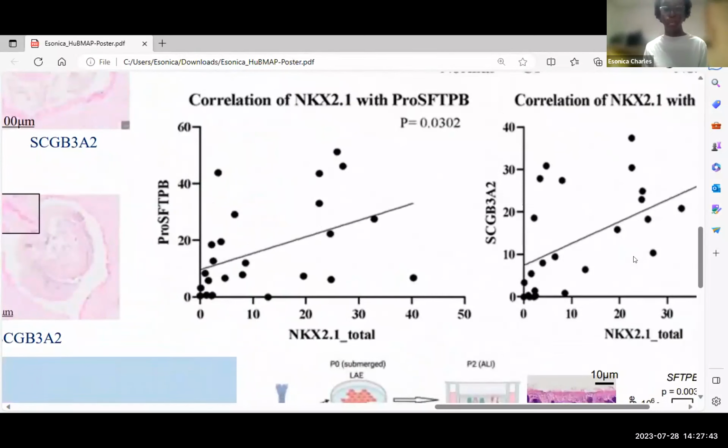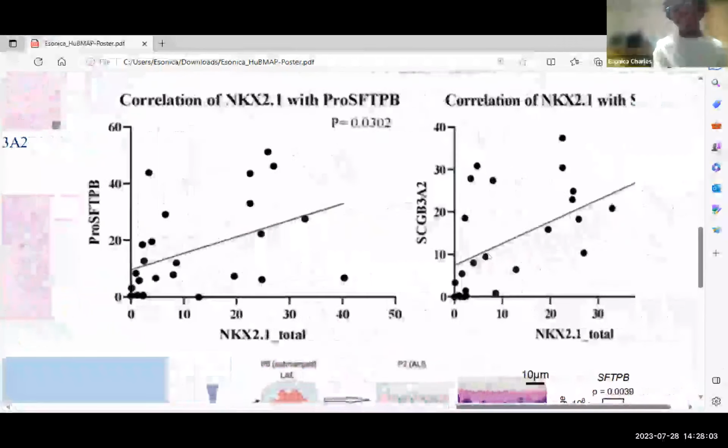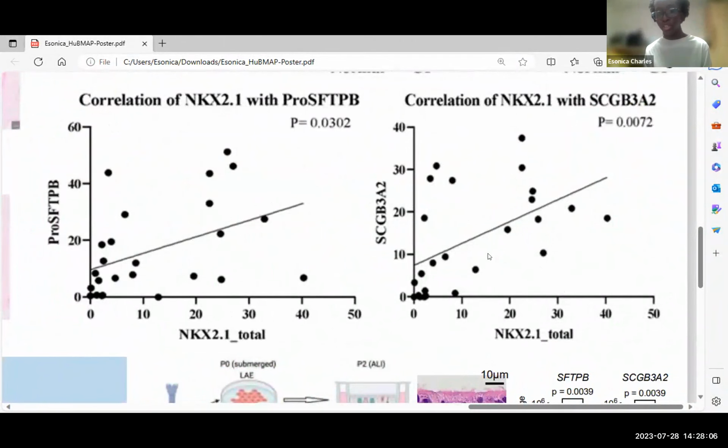Moving on to the correlation graph, we have pro-SFTPB on the y-axis and NKX2.1 on the x-axis. And here we see some positive correlation between the expression of total pro-SFTPB and NKX2.1. The same thing is here with SCGB3A2, that there is some positive correlation between the upstream transcription factor NKX2.1 and the biomarkers pro-SFTPB and SCGB3A2.